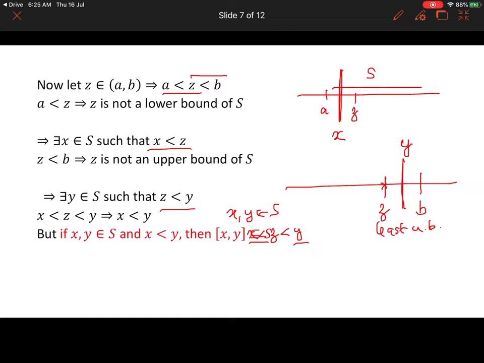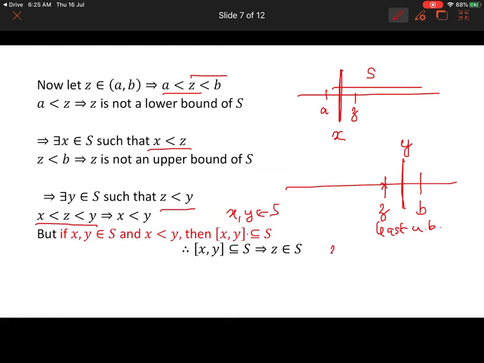Now by our assumption, if x and y are in S and x less than y, then the closed interval xy is a subset of S. So here also the closed interval xy is a subset of S, and Z is between x and y.